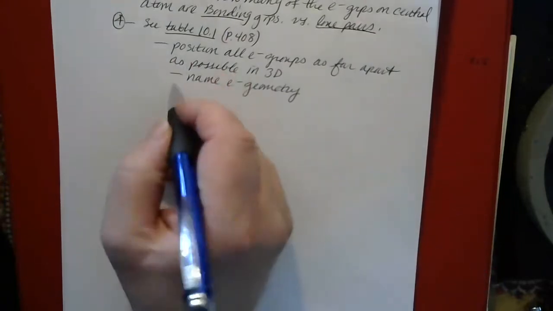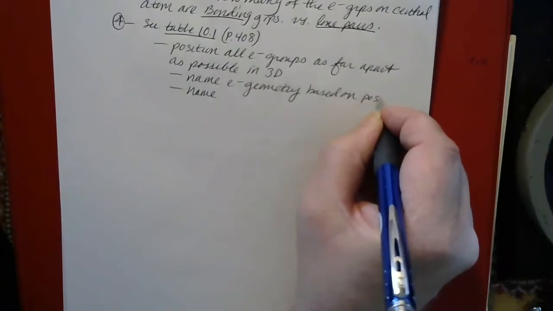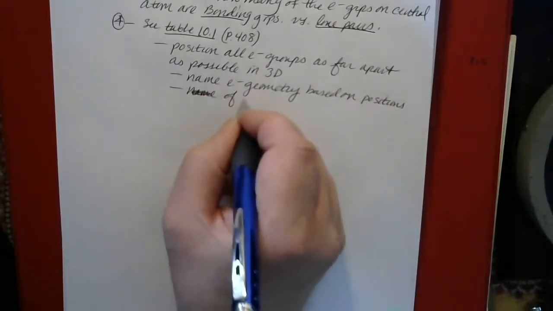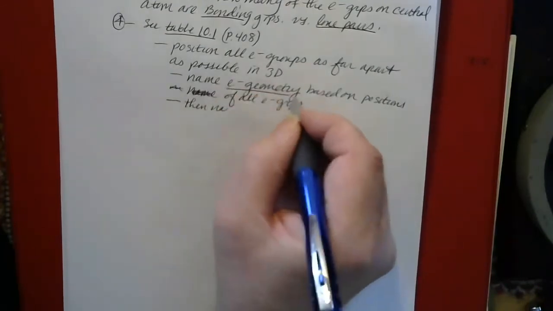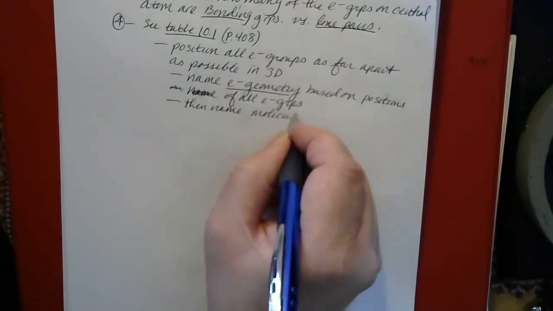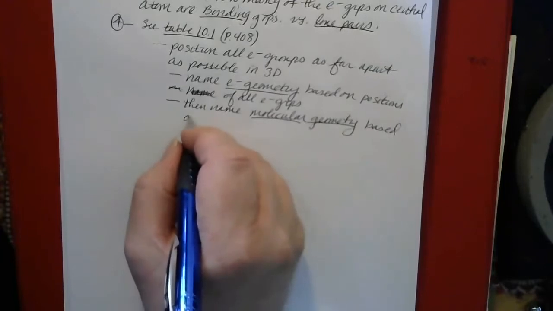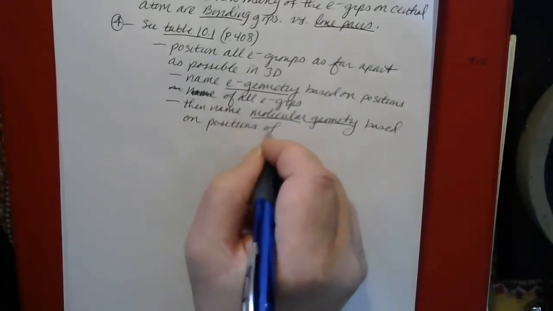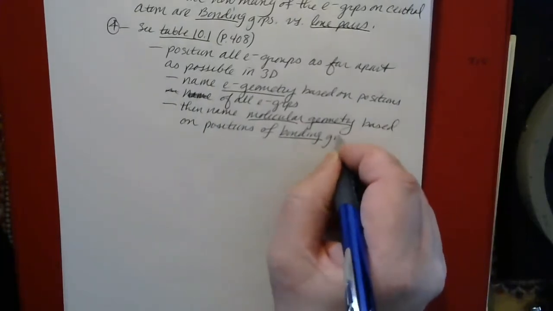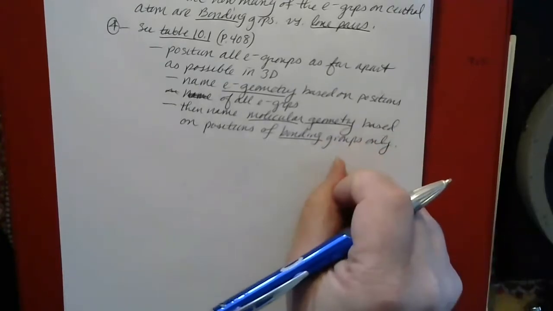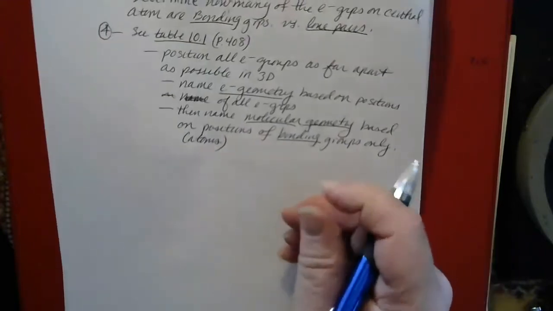And then name the molecular geometry. The molecular geometry, of course, is based on the position of the bonding groups only. And the bonding groups correspond to the positions of the atoms.